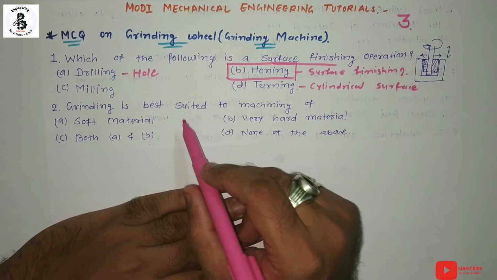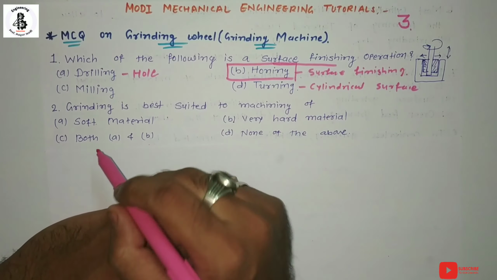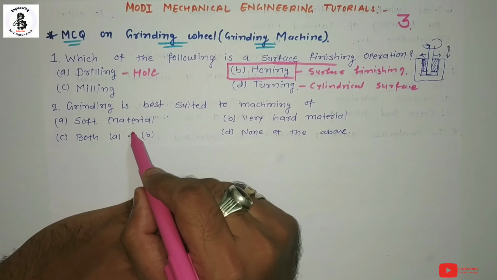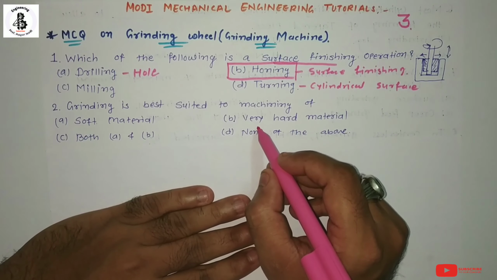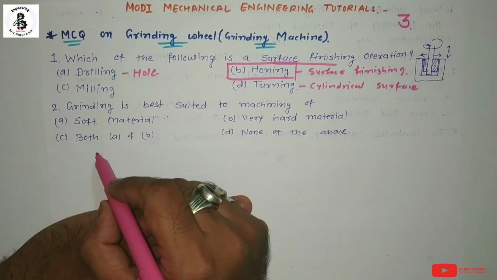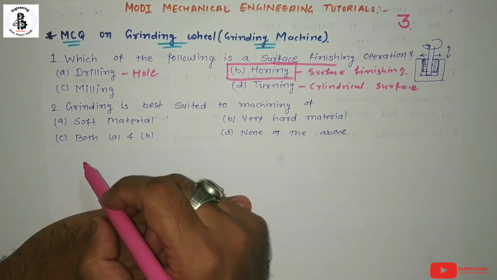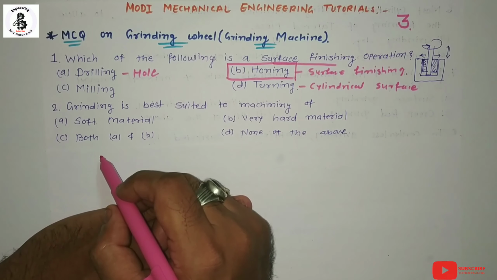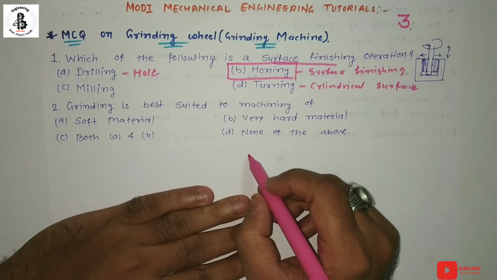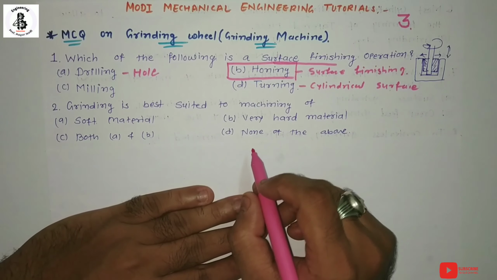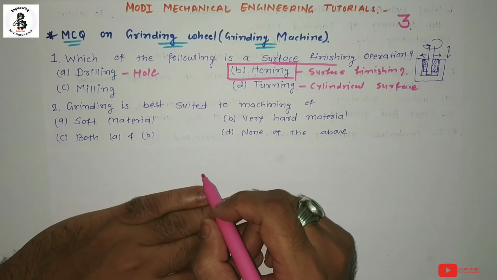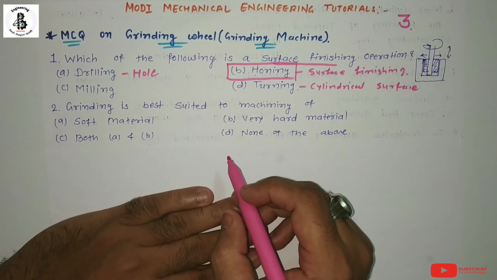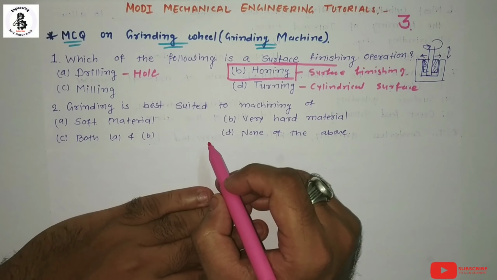Grinding is best suited to machining of option A, soft materials. Option B, very hard materials. Option C, both A and B, or you can say both soft materials and very hard materials. And option D, none of the above. Basically grinding is best suited for very hard materials, which can easily be converted into the desired shape and size.